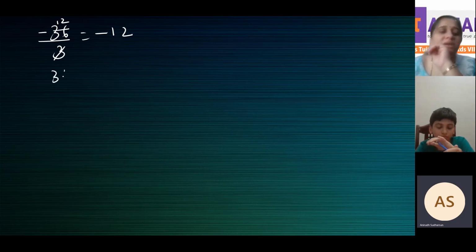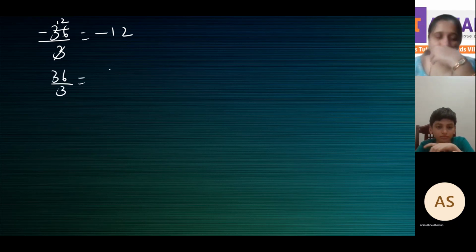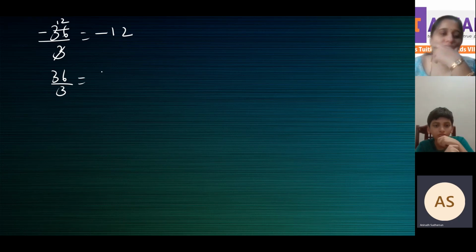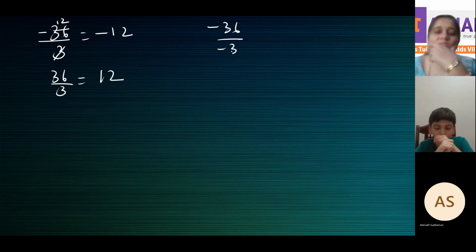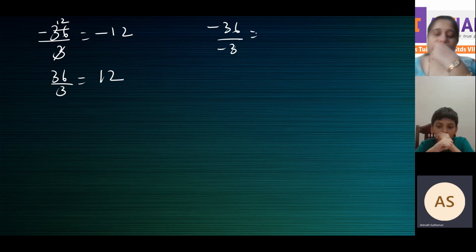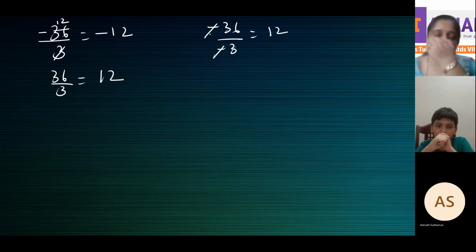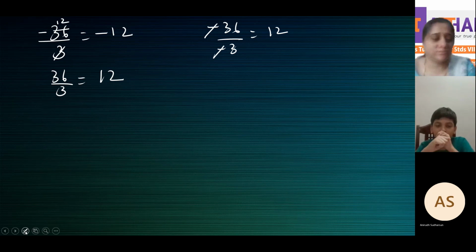Now, what is 36 by 3? 12, ma'am. What is minus 36 by minus 3? 12, ma'am. That's what I said. Minus and minus will get cancelled. You know it. That's all it is.